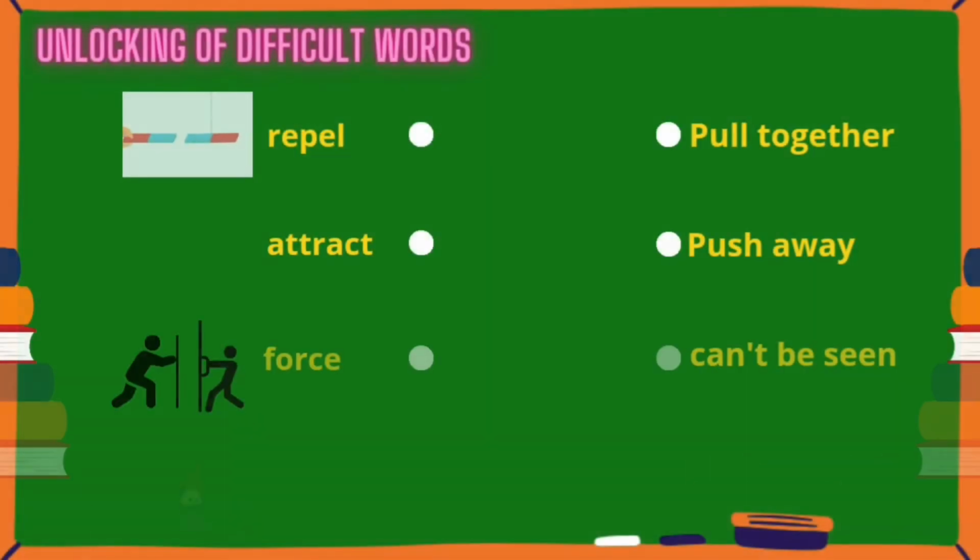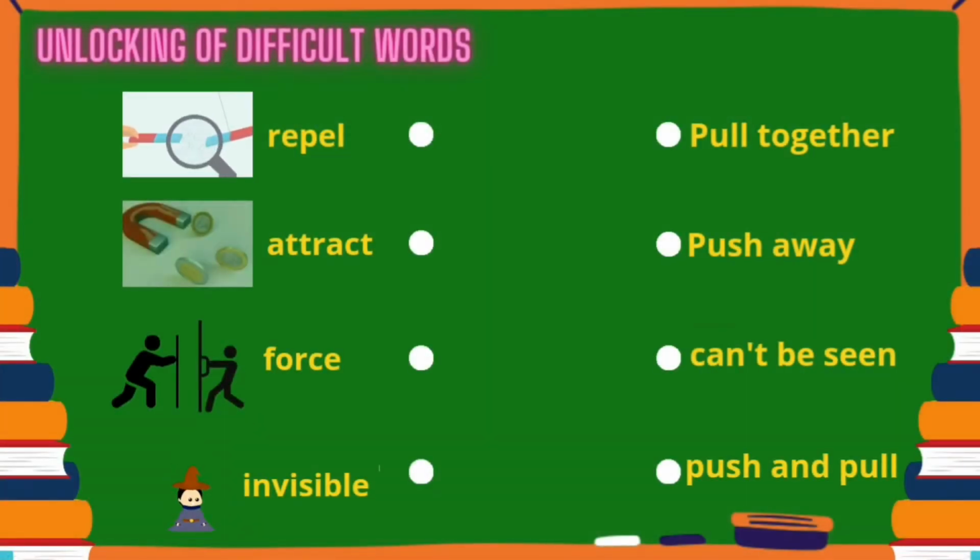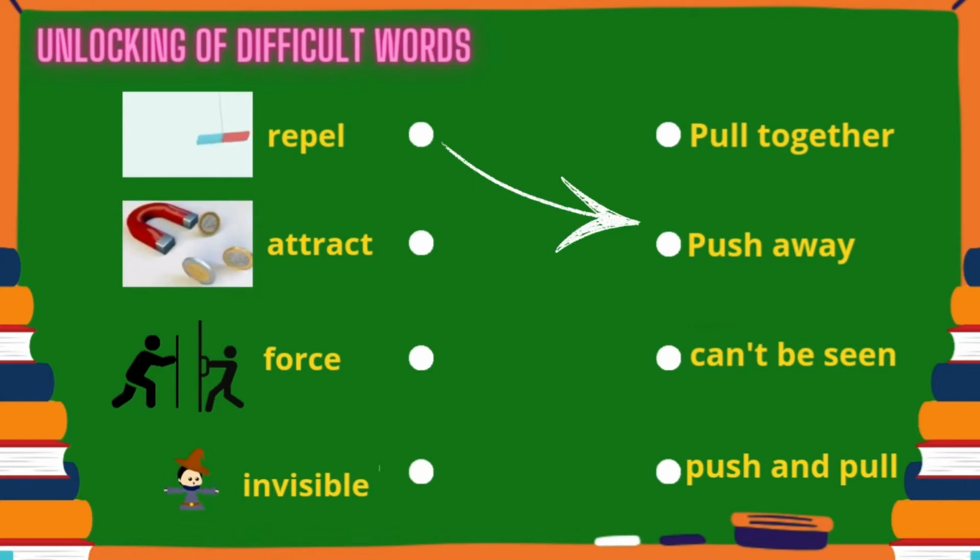Glad to hear that! But before we proceed, let us unlock these words that we may encounter as we go on with our lesson. Match the given words on the left to its meaning on the right. What do you mean by the word repel? Right. It means push away.